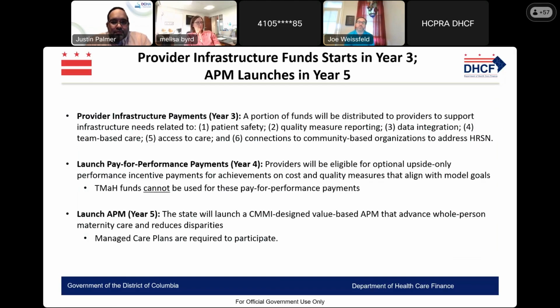The first one is what CMS is referring to as provider infrastructure payments in year 3. And so these funds will be made available to providers to support infrastructure related needs. And this can be related to patient safety, activities related to patient safety, to quality measure reporting, to data integration, to team-based care, access to care, or connections to community-based organizations to address health-related social needs.